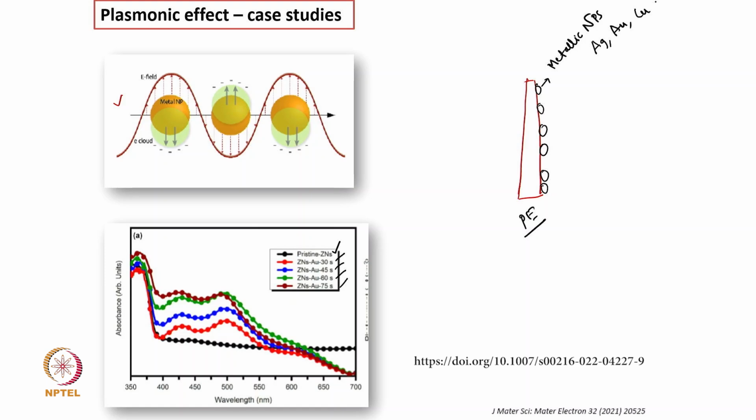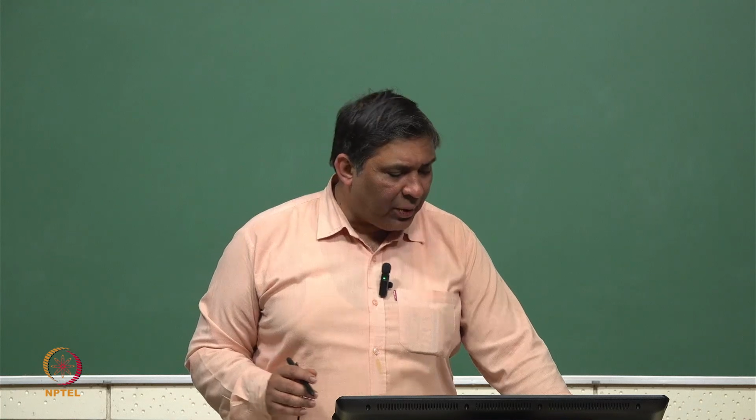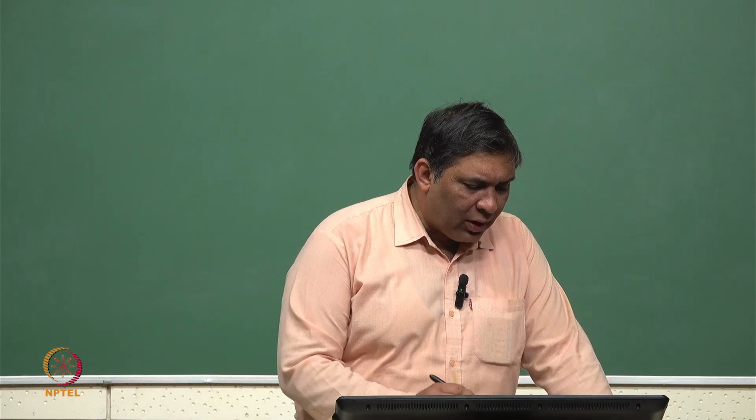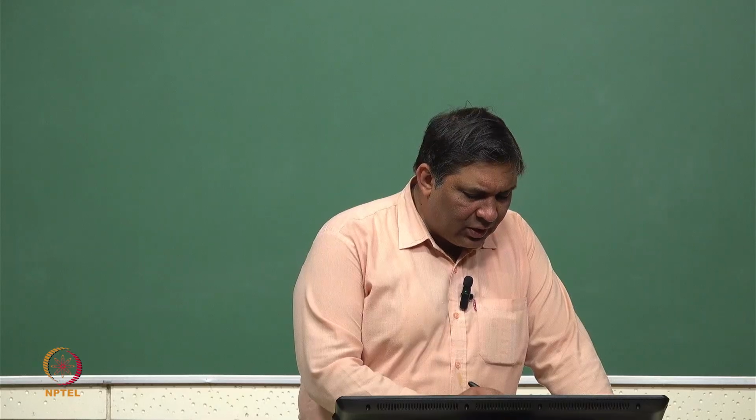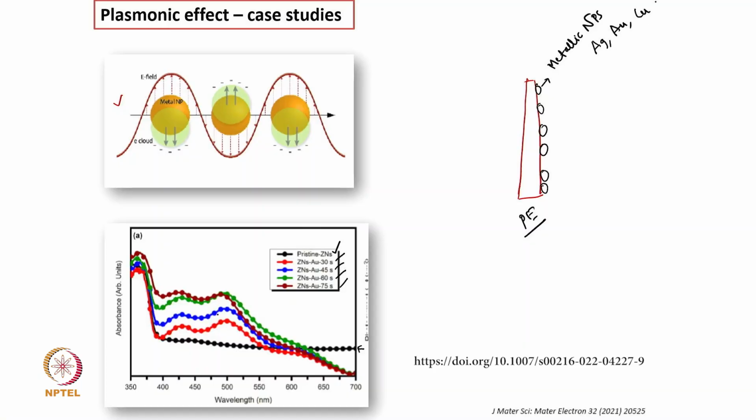That means you load it with different amounts of gold nanoparticle and look at how the absorbance changes. The black one is the pristine, with no gold nanoparticle, and it is almost flat, with very low absorbance. As soon as you start loading gold, the red one is 30 seconds, the blue one is 45 seconds, and the maximum you see is the green one, 60 seconds. At 75 seconds you also see good absorption.